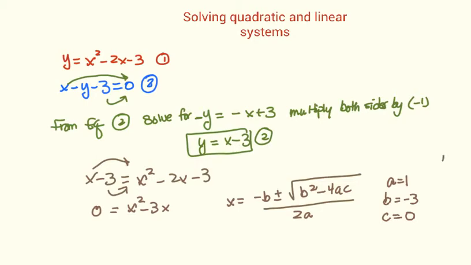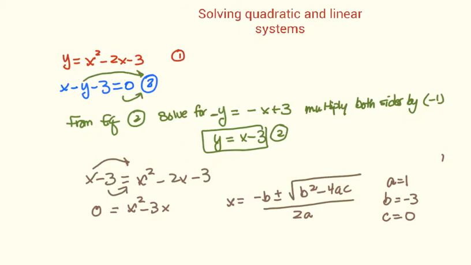I know that you guys know how to do that, so what I'm going to do is actually use factoring. Instead of using the quadratic formula, which you'll end up getting the same answer, I'm going to solve this by factoring, because it's nice and it's not a trinomial.